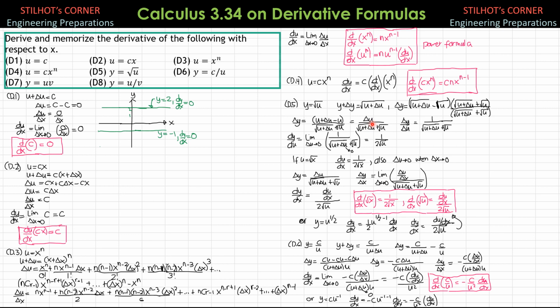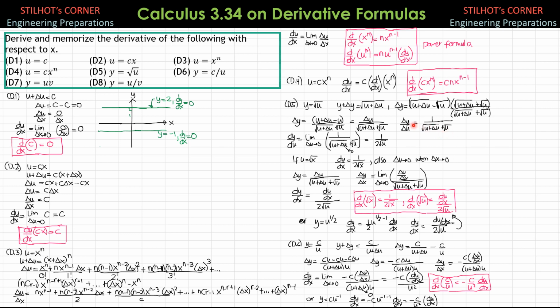Then we have delta y equals delta u over square root of u plus delta u, plus square root of u. So divide everything by delta u. So delta y over delta u equals 1 over square root of u plus delta u plus square root of u.